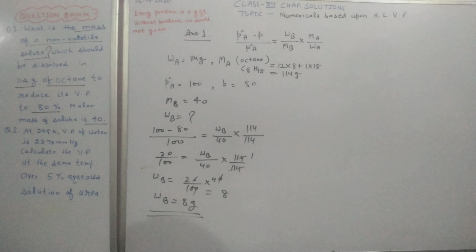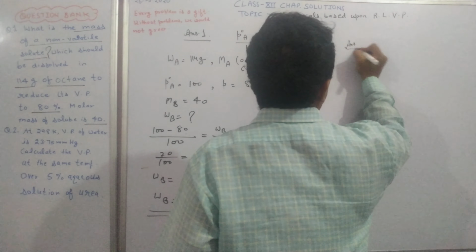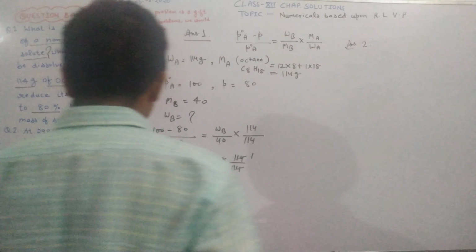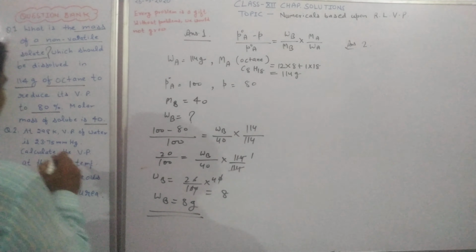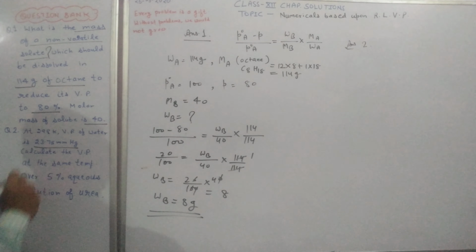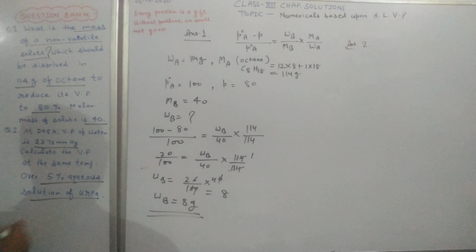Aqueous means urea is dissolved in water. So we have data as 23.75 mmHg, that is vapor pressure of water, and 5% aqueous solution of urea is given to us.